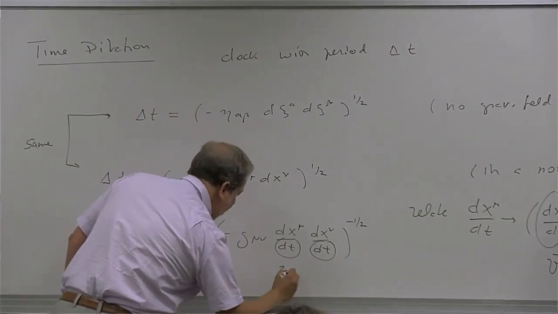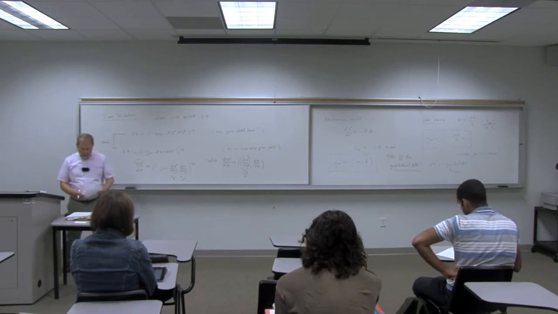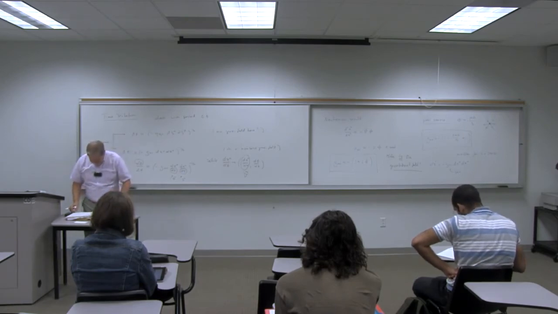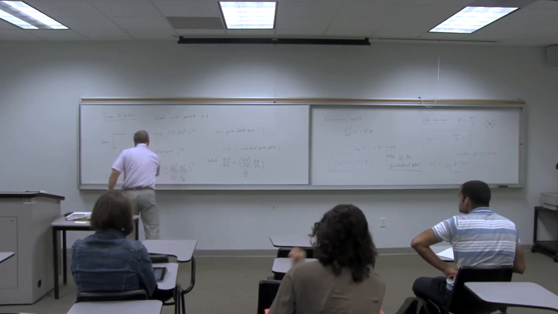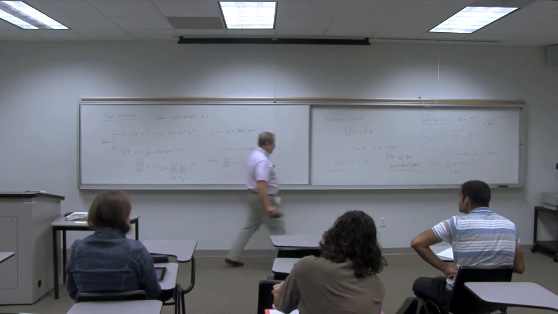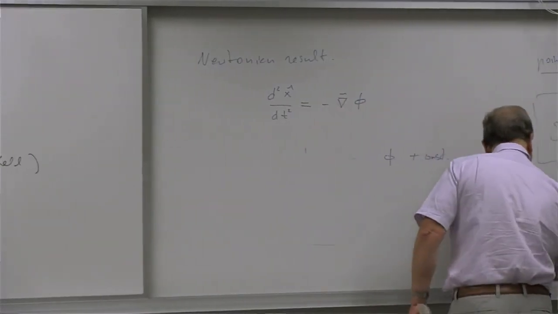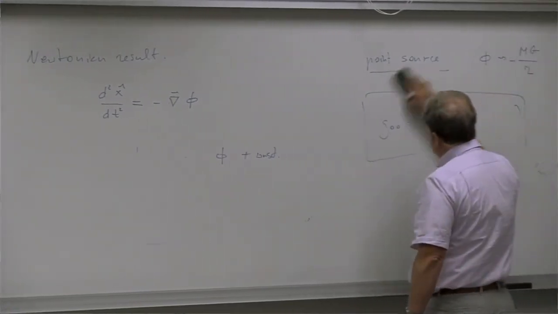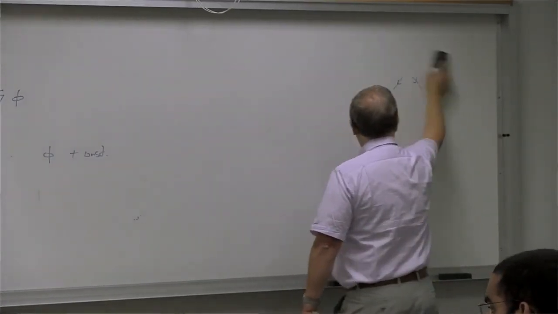So there's going to be a velocity in here, right? The velocity will appear, but we actually are interested in clocks that are at rest. So we are interested in a clock that is in a gravitational field, but is not moving, right?